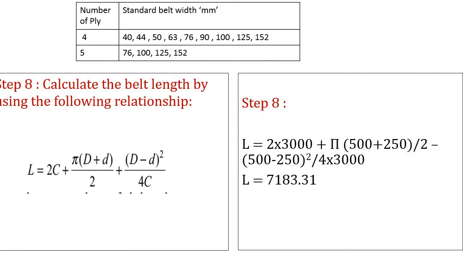If we put the values in the formula, finally we will get the length of the belt equal to 7183.31 mm. So in this way we are going to fix the belt dimensions, length and width of a belt.